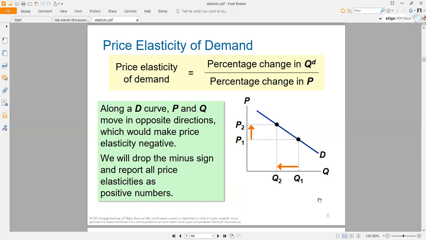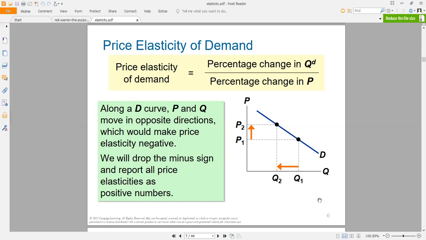Okay, so now because they are moving in opposite directions, whenever there's an increase in one, there's a decrease in the other. So calculating price elasticity of demand will always give us a negative number, a negative coefficient. But here we'll just drop this negative sign and report all the elasticities as positive numbers.